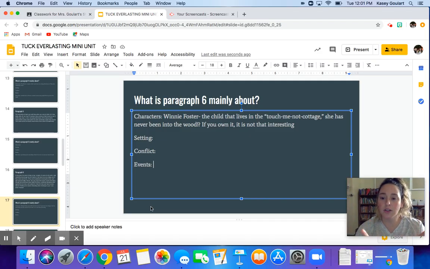And the narrator offers a little bit of information. They say it's not that interesting if you own it. And that's kind of true. Think about if you have siblings, like a younger sibling. I have a 2-year-old. For a long time, when he was a baby, he had this jumper thing with cool toys around it, and he hated it as a baby.